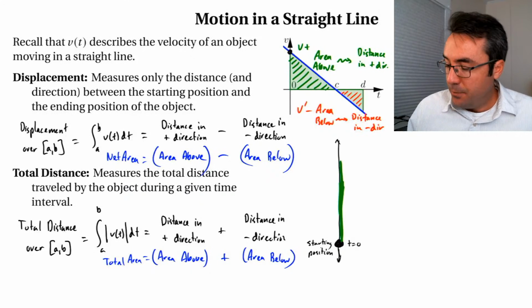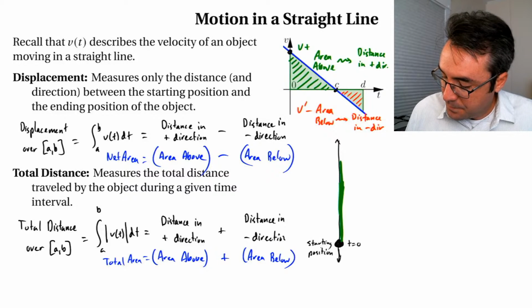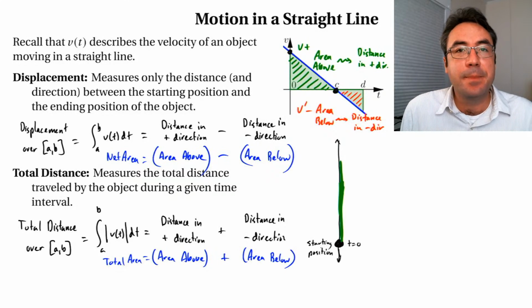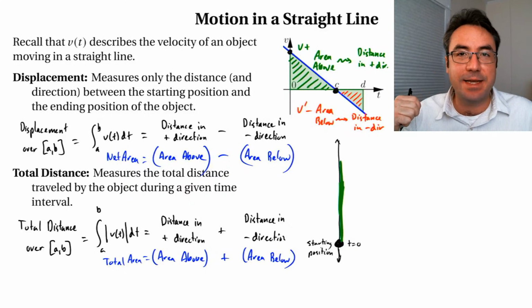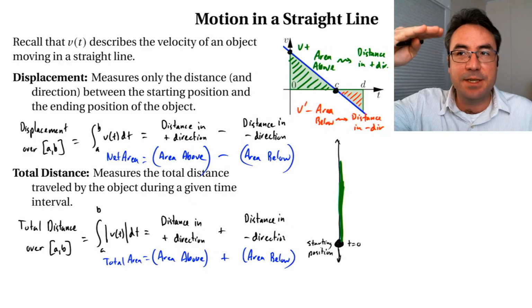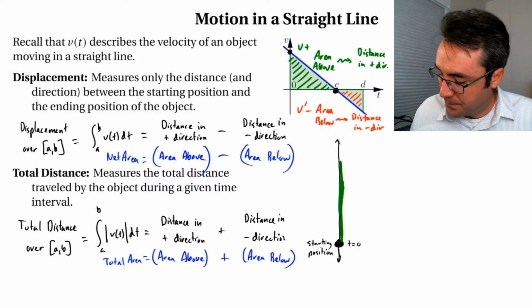And then eventually we get to this point at time C where our velocity becomes 0. So we stop moving at that time. After time C, we're no longer traveling up, we start moving down.